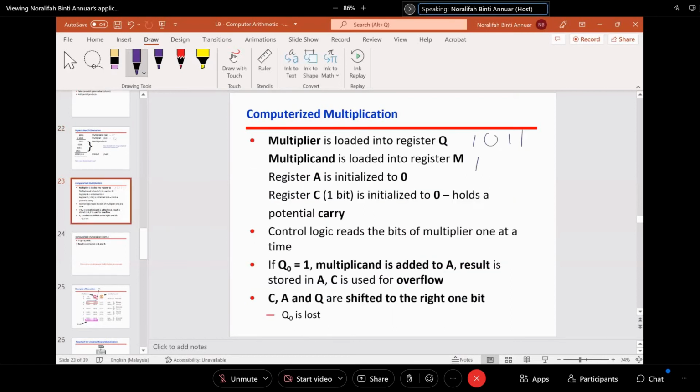Register A is empty, register C is empty. Q0 is in our Q, so Q0 shows you the position of the bit. The initial value of Q0 is 1. You need to understand this. These are the conditions, this is its algorithm, how they do the multiplication.